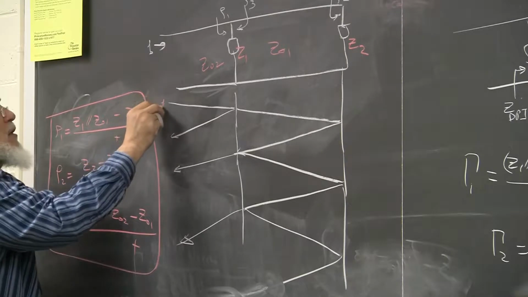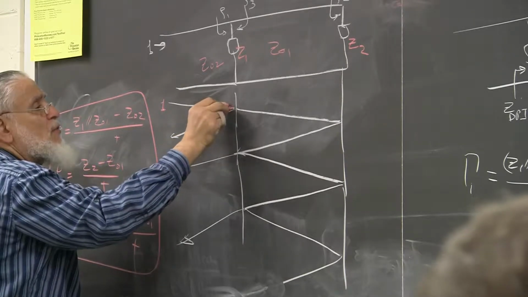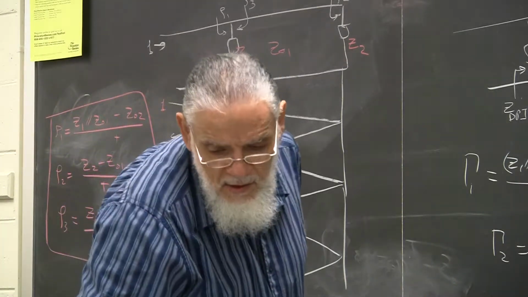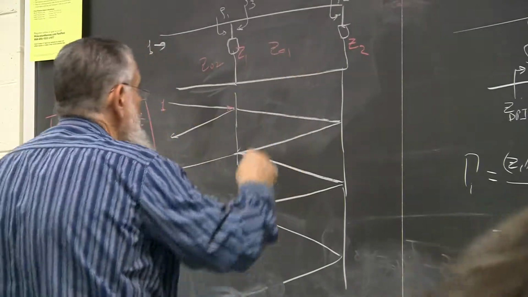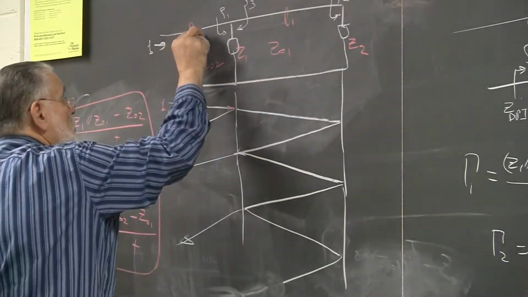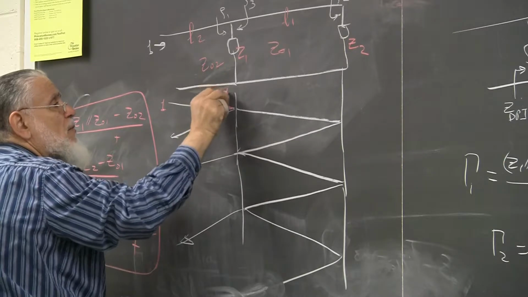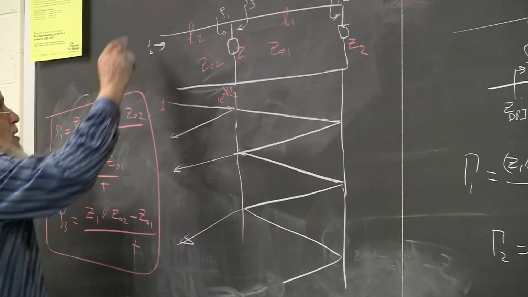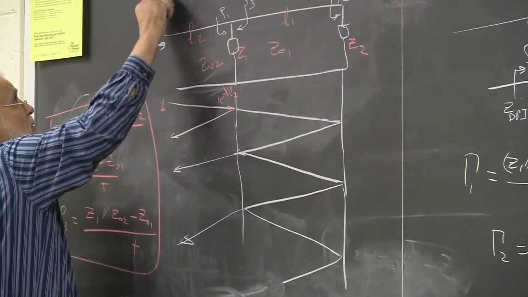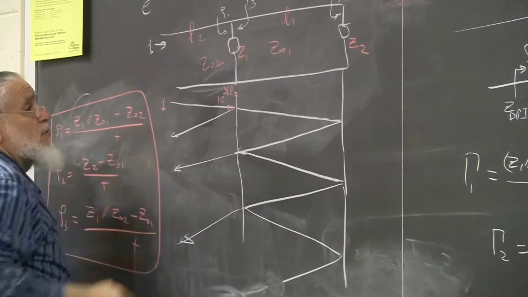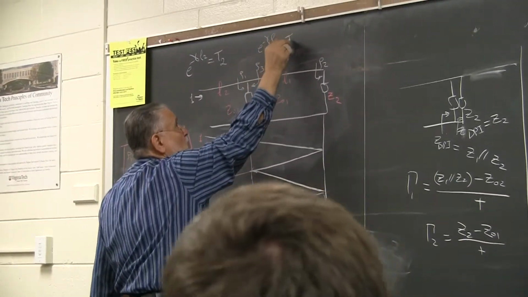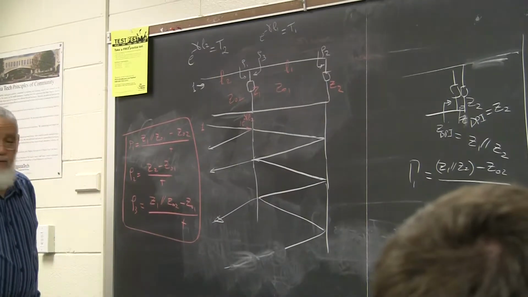So if I start with 1 here, by the time it reaches here, it's going to be 1 times e to the minus gamma L1. Which one is L1? Let's see, L1 and L2. L1 here, L2 there. So that's 1 times e to the minus gamma L2. I'm going to call e to the minus gamma L2 transmission coefficient number 2, and e to the minus gamma L1 transmission coefficient number 1, just for the sake of convenience.